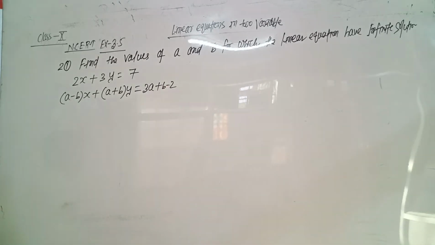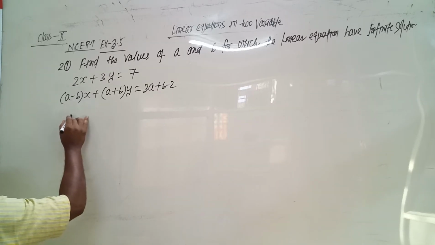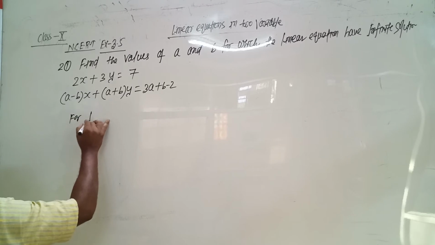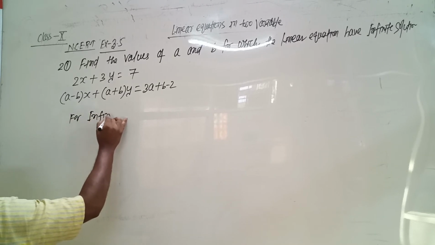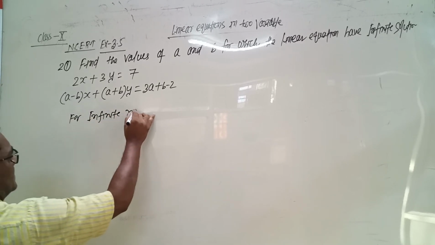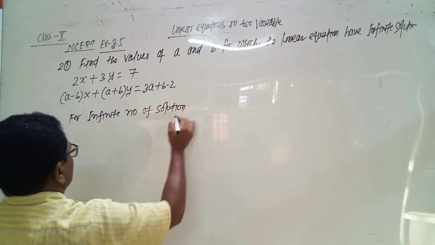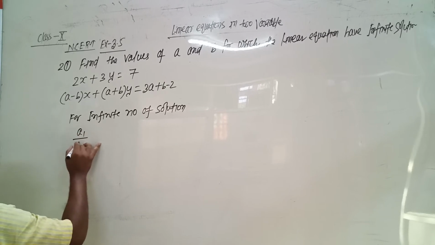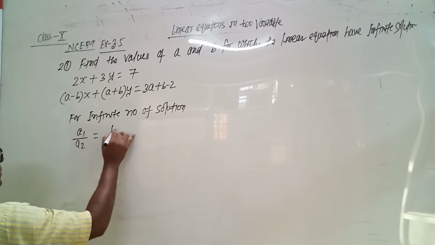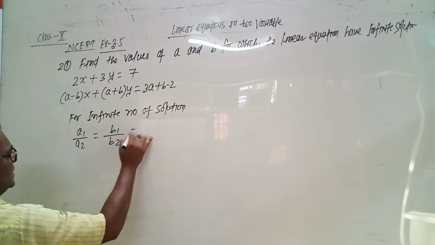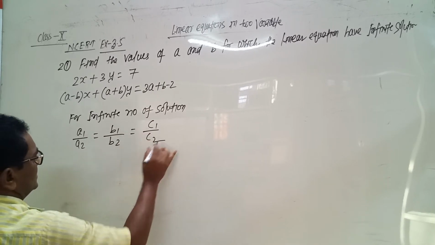We have given that it has infinite number of solutions, and we know the condition for infinite number of solutions is a1 by a2 is equal to b1 by b2 is equal to c1 by c2.